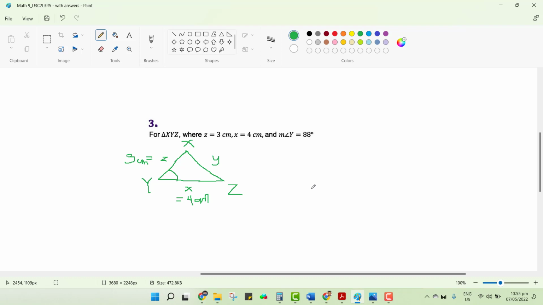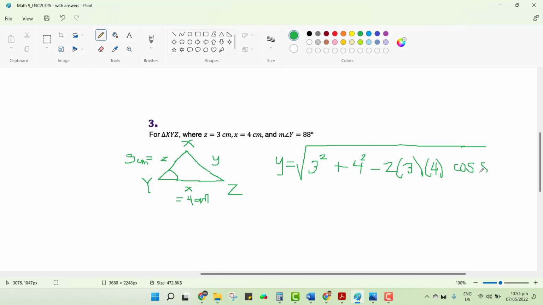To solve for the remaining parts, we need to use the law of cosines. So you have y equal to the square root of the sum of the squares of this. You have 3 squared plus 4 squared, less 2 times 3 times 4 times cosine 88 degrees.